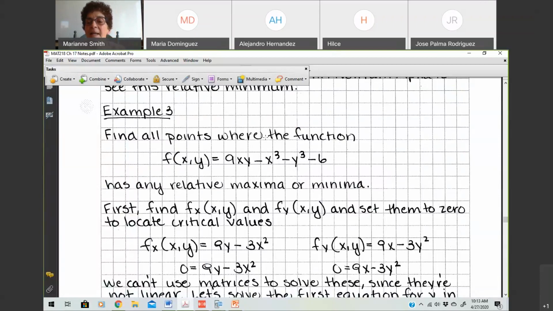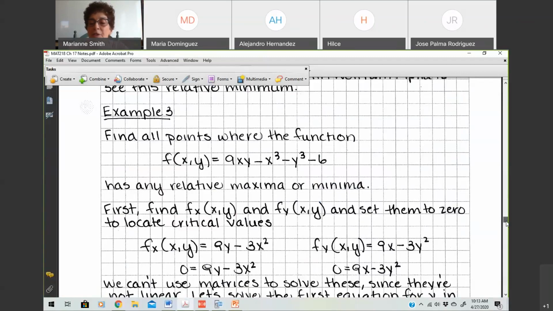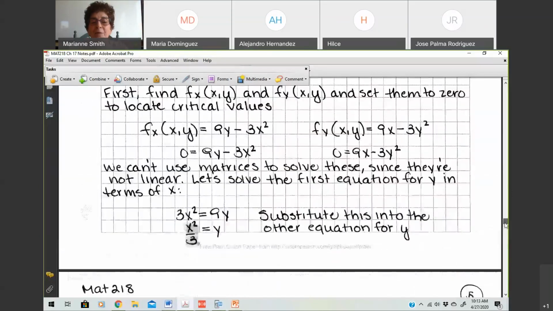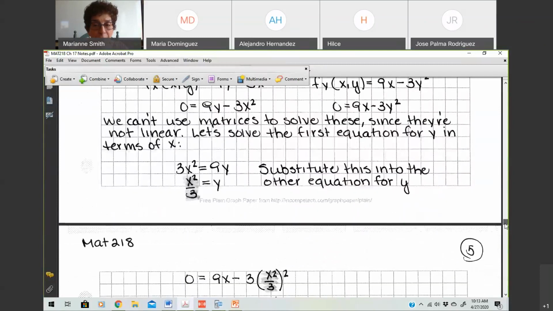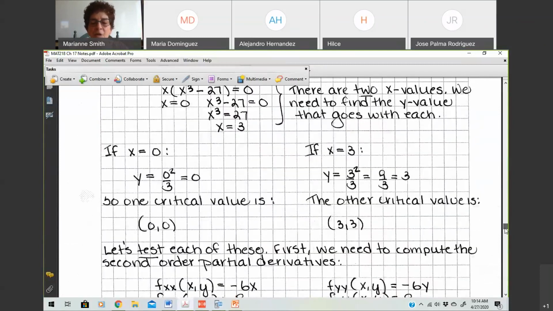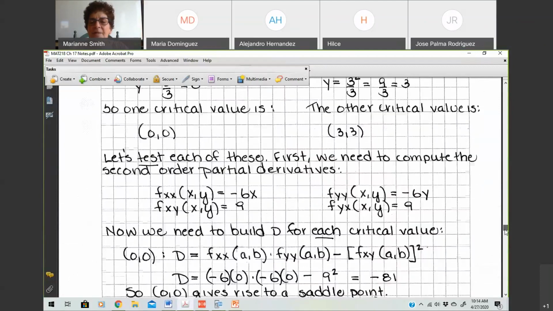So I'm going to let you read through example 3 on your own, and I'm going to go through the applied problem because I want to make sure you're comfortable applying this. Example 3 is where you're going to have to crank through the algebra or use some technology to solve a nonlinear system. Don't worry, I walk through it step by step.